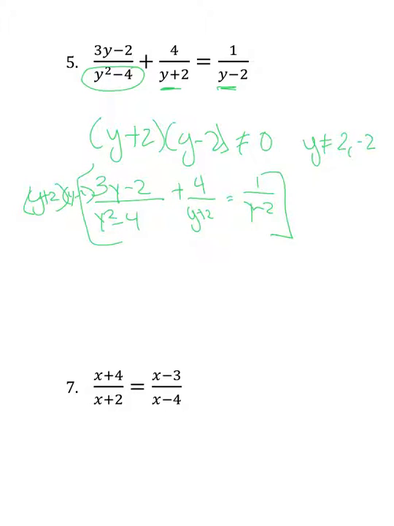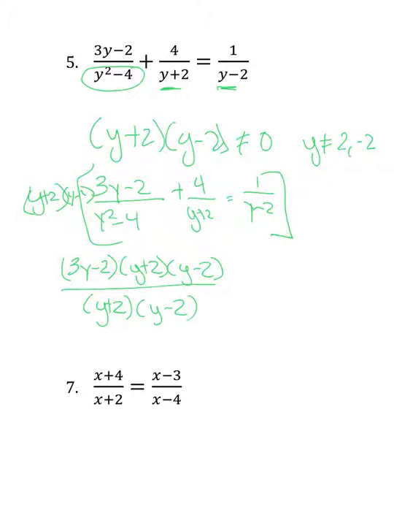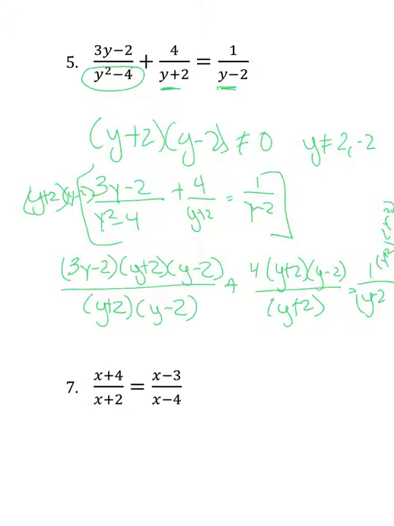So if I distribute that through, I get 3y minus 2 over y plus 2 times y minus 2, times y plus 2 times y minus 2, plus 4 times y plus 2 times y minus 2 over y plus 2, equals 1 times all this stuff, the y plus 2, I know I'm running out of room here, y minus 2 over y minus 2.